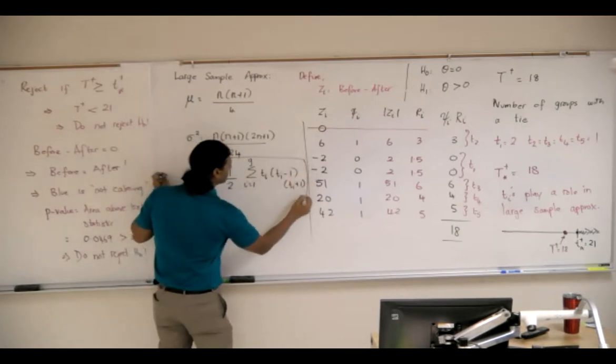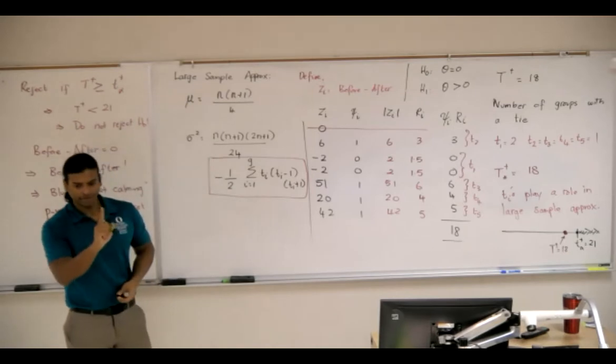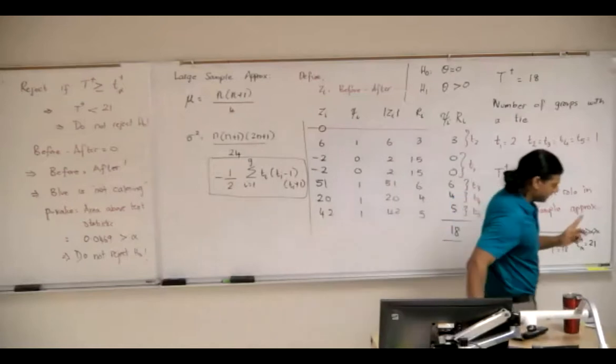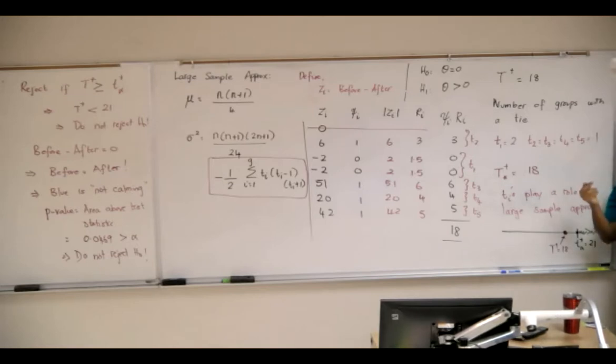This adjustment will only matter when you have a tie. And earlier I mentioned we don't have to do this. We just have to look at the groups that are tied. The reason being, all of these groups do not have a tie.